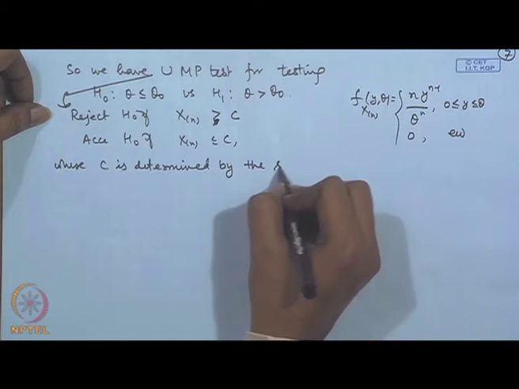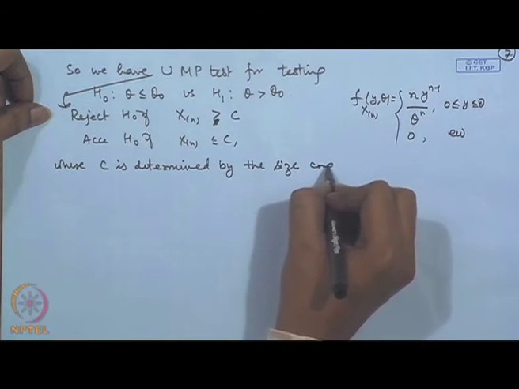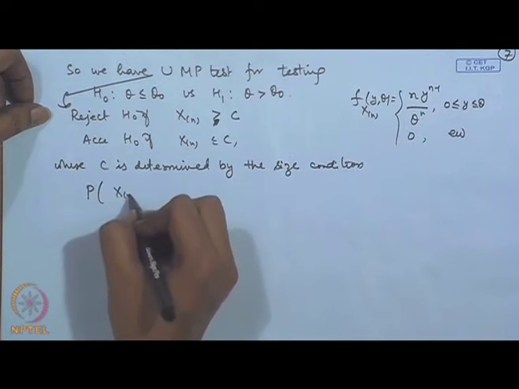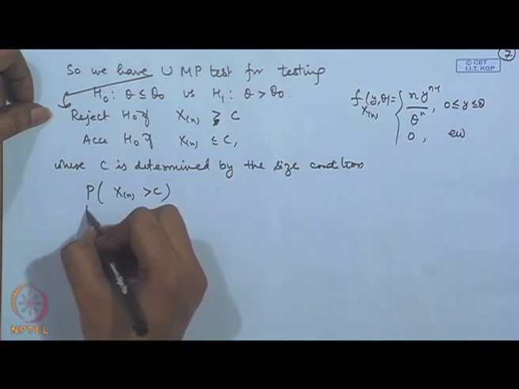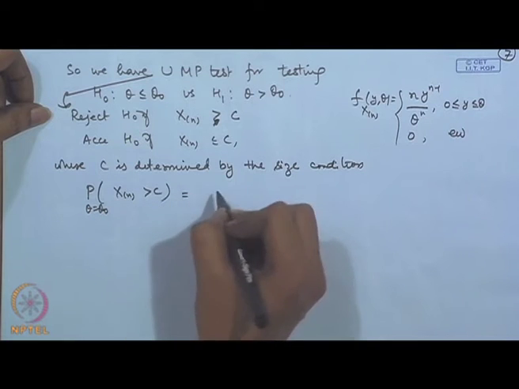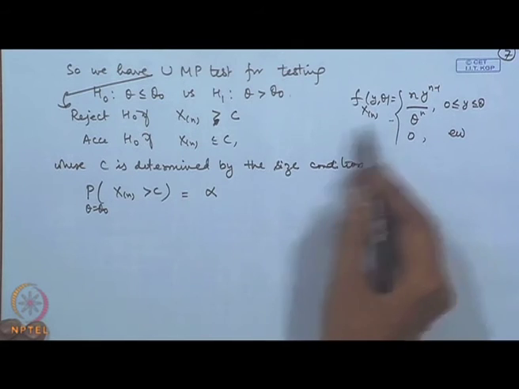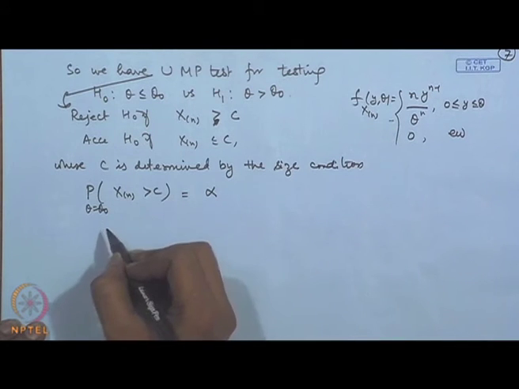where c is determined by the size condition, that is, probability of x(n) greater than c when theta is equal to theta naught is equal to alpha. Now, with this distribution, this probability can be easily evaluated.